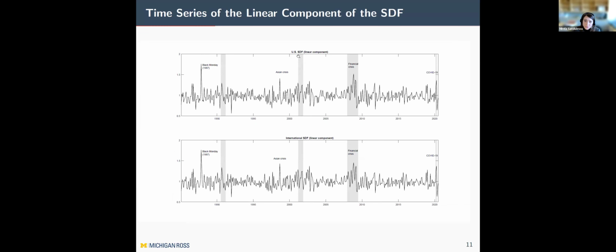And this is going to be true both in the US market, but also internationally. And you see that at least for these economies that we consider, and for these 4 assets and sample period, the linear component does not become negative in sample for the observed data points.